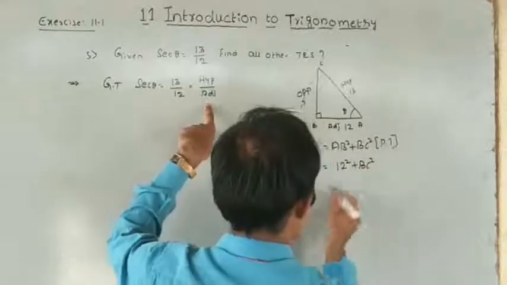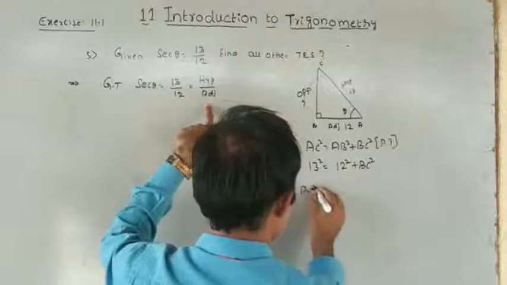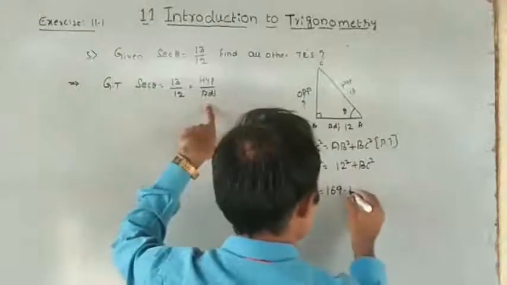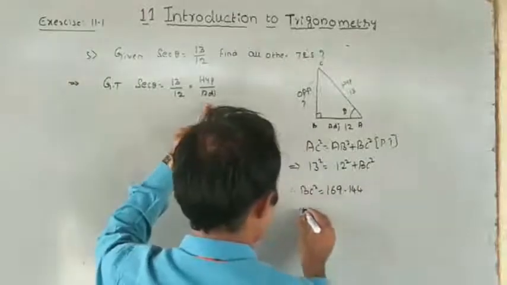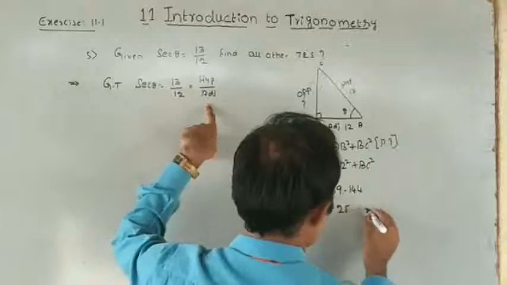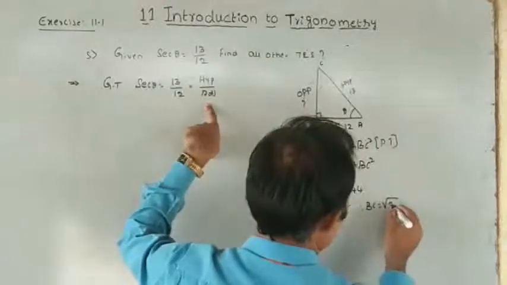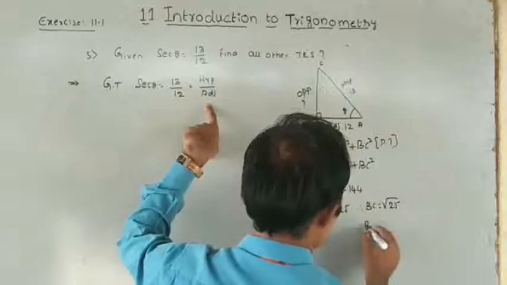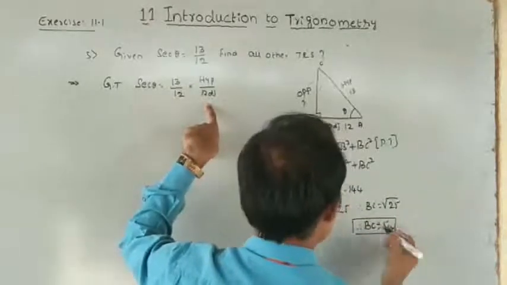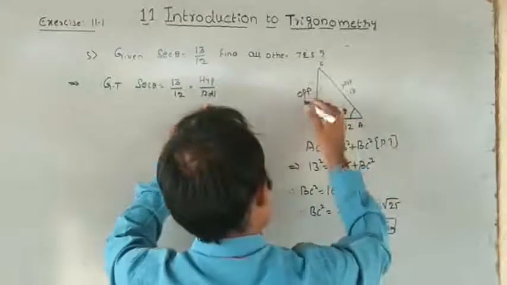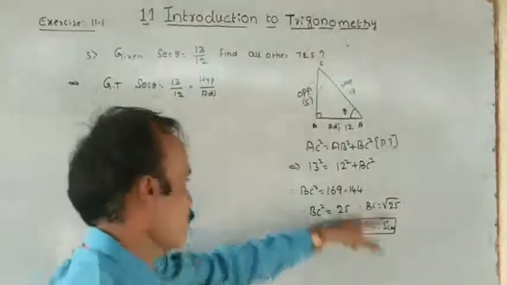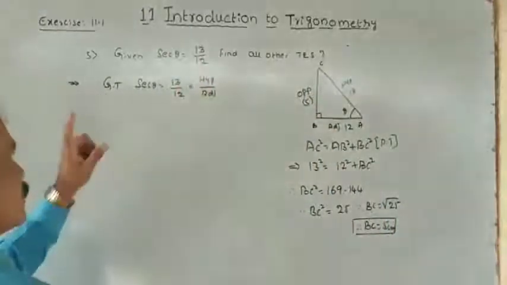Therefore BC square is equal to 13 square, 169, minus 144. Therefore the value of BC square is equal to 25. Therefore BC is equal to root of 25, so BC is equal to 5 centimeter. What is the value of opposite here? 5 centimeter. If you know all this, nothing is difficult here.